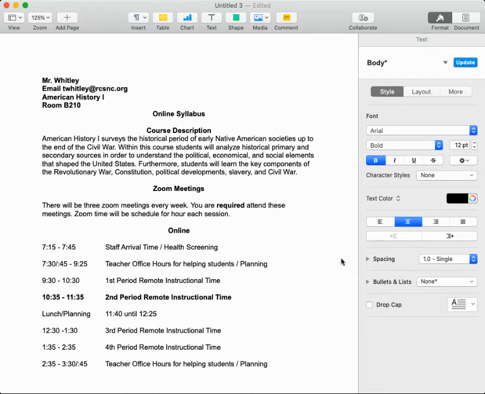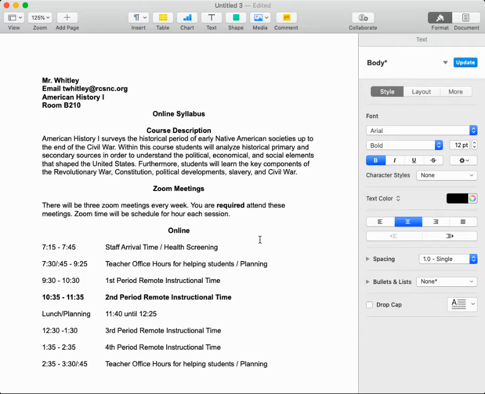Furthermore, students will learn about the key components of the Revolutionary War, the Constitution, political developments, slavery, and the Civil War. So those are some of the main things that we'll talk about in this class, so you get an idea of what historical time period we'll be going over through the semester.